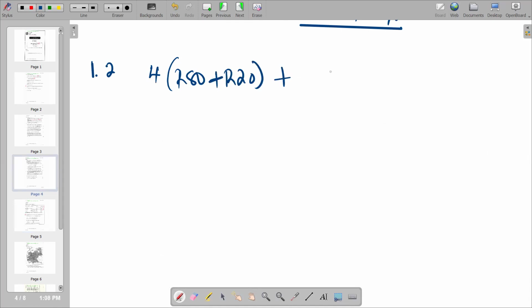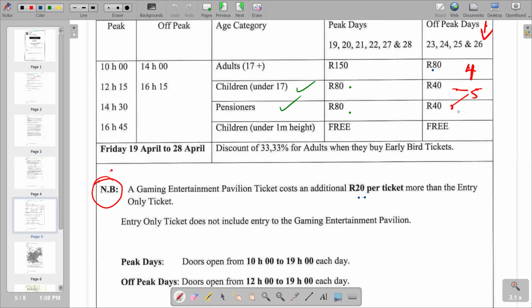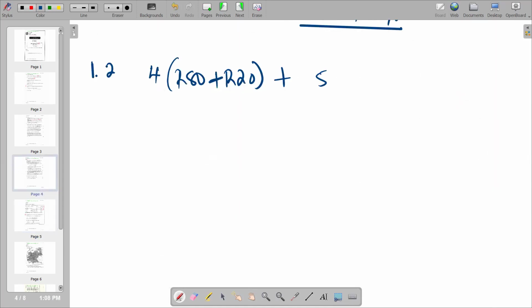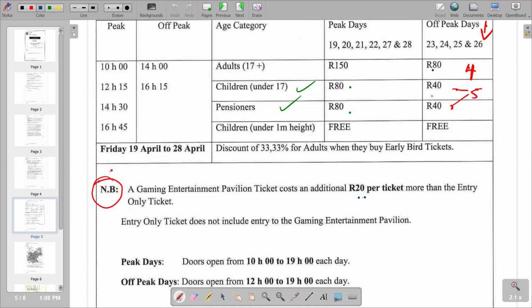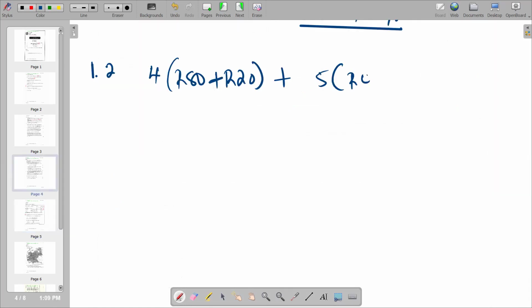Then we add again what applies to the pensioners and the children under 17 to give us a total of 5. So we are saying 5. Again, we have our 40 rand plus our 20 rand. So as simple as that. This is how we are going to multiply.